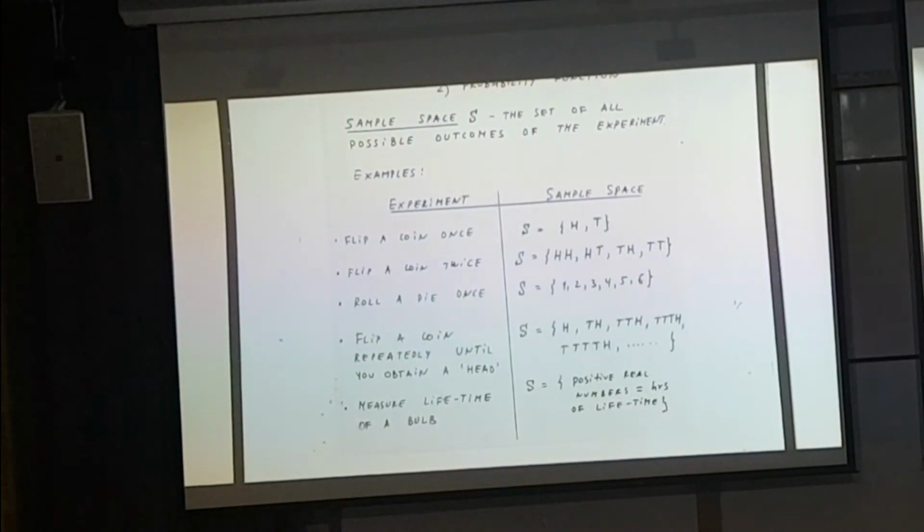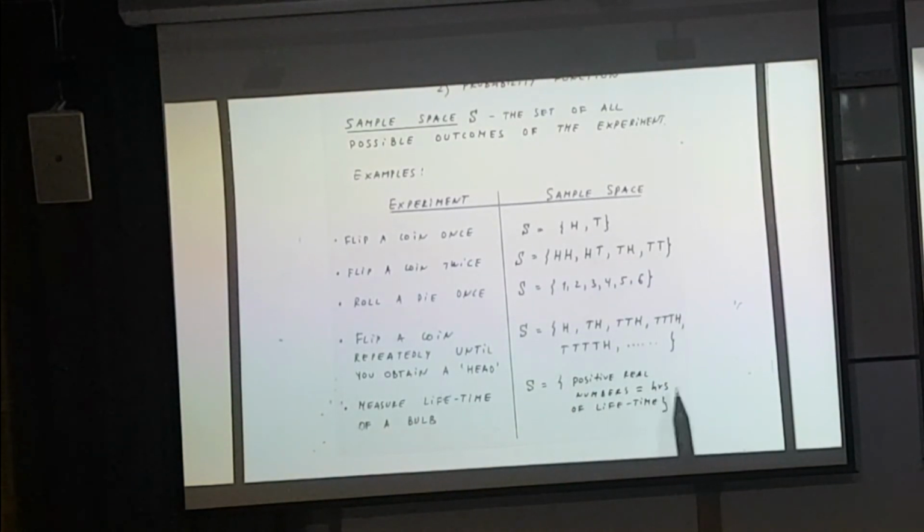And in some situations that's not enough. Real numbers come in. For example, if you want to measure the lifetime of a bulb and you do it repeatedly for many bulbs produced, then the lifetime can be an arbitrary real number, right? In this case, the sample space is the set of all positive real numbers.